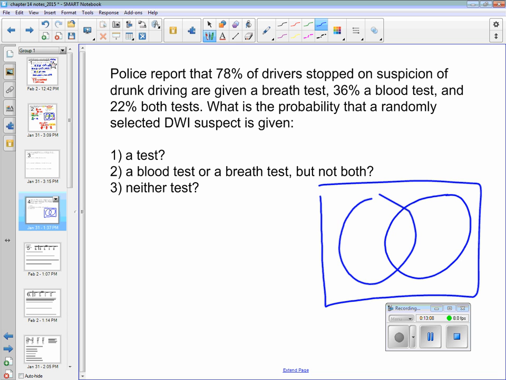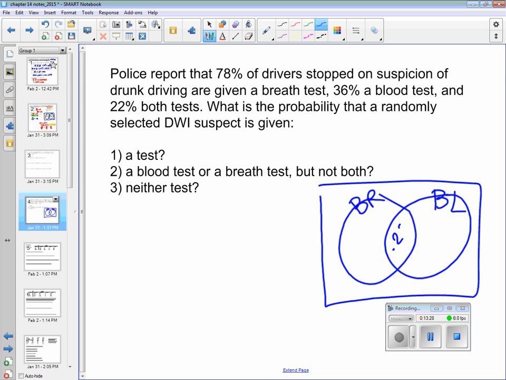So I'm going to call them breath, BR, and blood, BL. And again, where do I start in a Venn diagram? In the middle. So I'm going to put 0.22 right in the middle because that represents 22%.